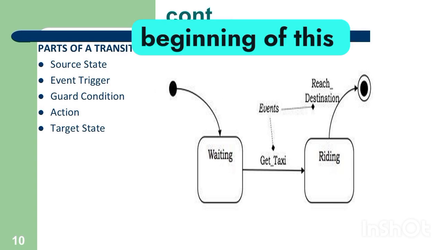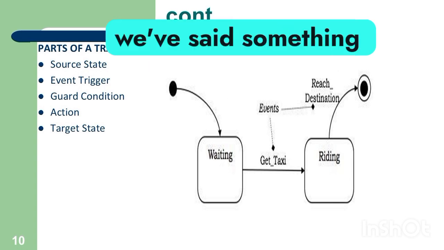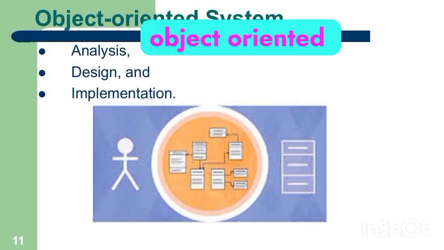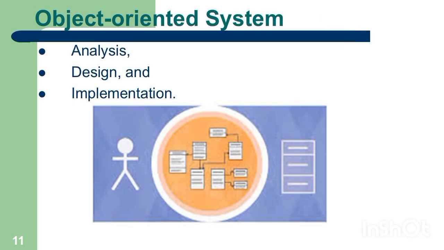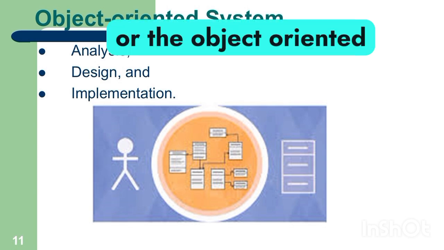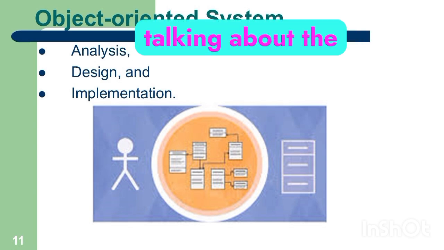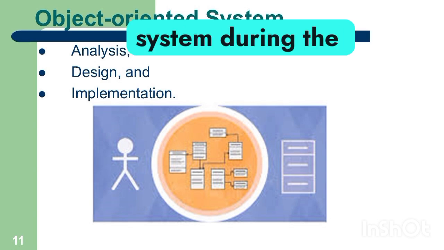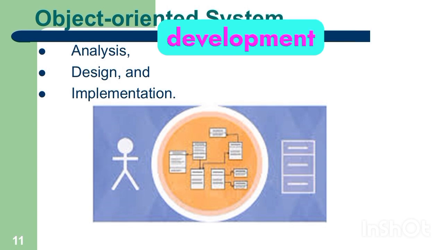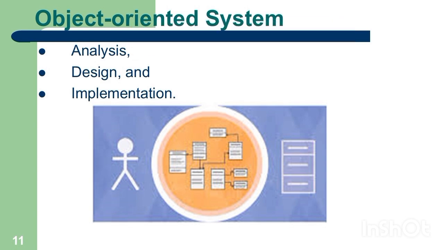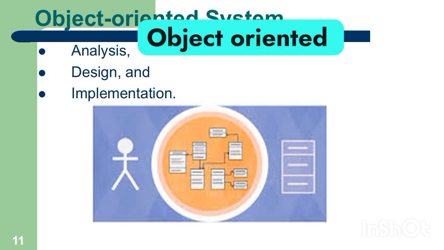At the beginning of this, we said something about object-oriented systems, object-oriented design, right? When we talk about object-oriented systems, we are talking about the techniques we use in visualizing our system during application development, and any software development approach goes through object-oriented design.